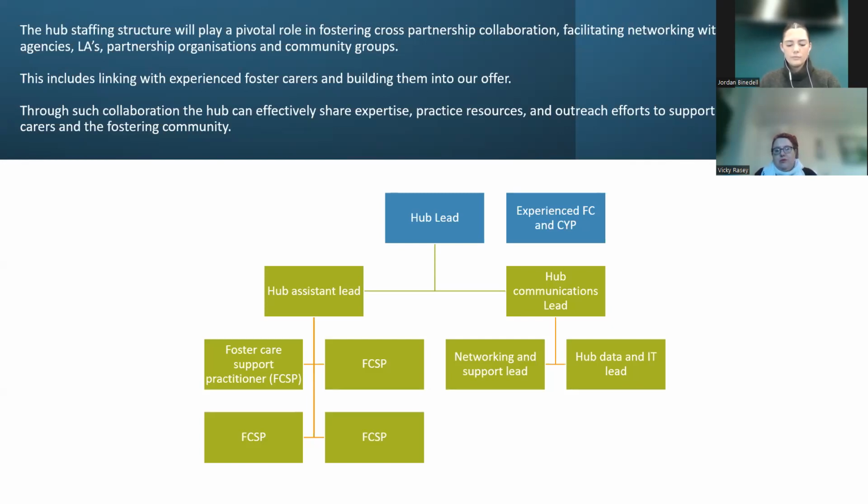We also have a hub's communication lead that links with networking support lead and hub and data IT lead within the hub. The hub is virtual, so these will predominantly be working from home roles.